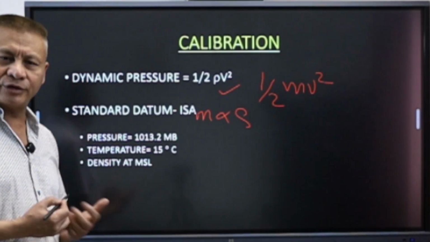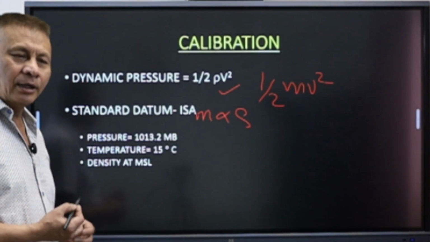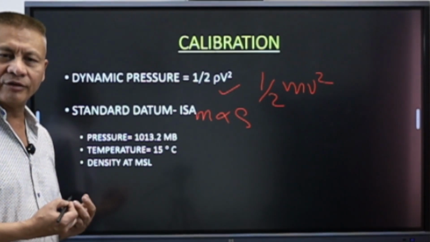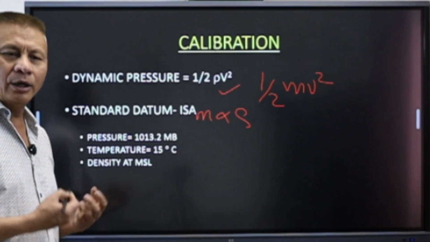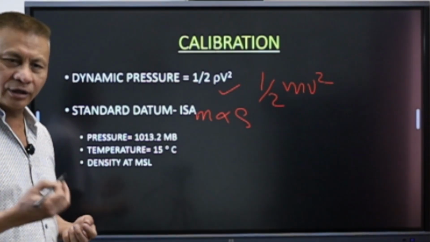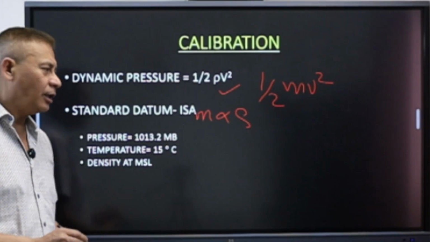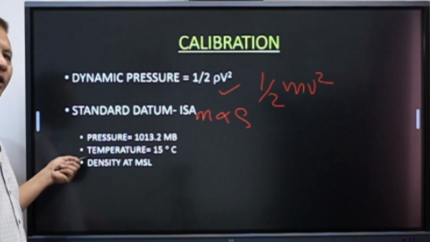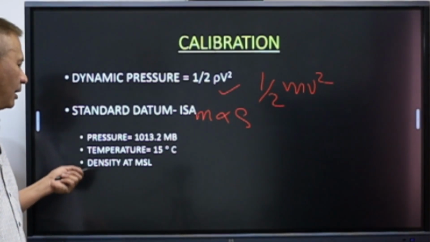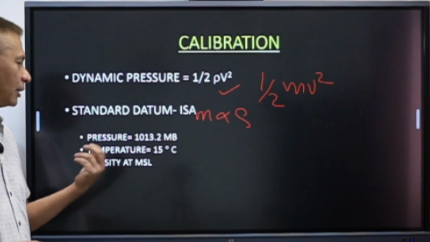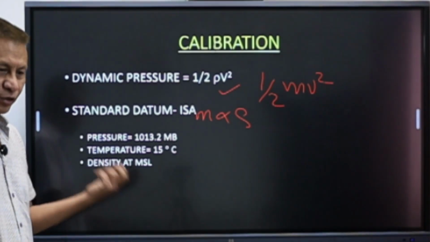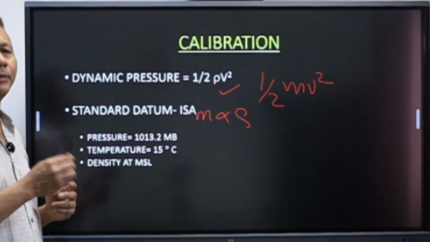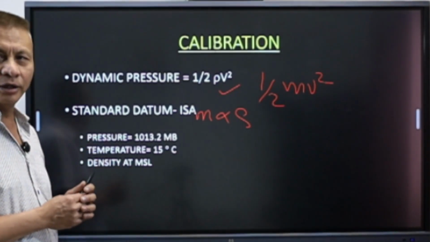As we have seen in our instrument classes, all the instruments inside the aircraft are calibrated under standard ISA conditions, wherein the pressure is 1013.25, the temperature is plus 15 at mean sea level, and it is calibrated for the density at mean sea level. So this instrument, the ASI, is also calibrated considering these standard conditions.